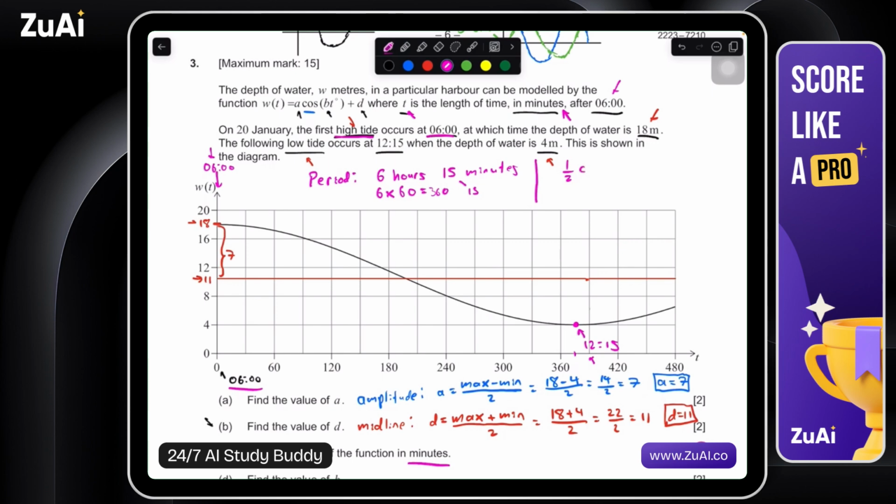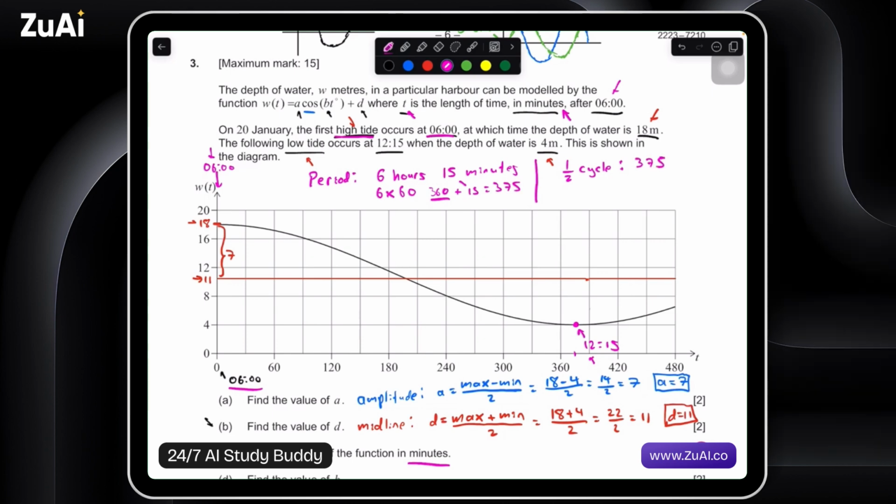We know we go through a half cycle in 360 plus 15, which equals 375. So we go through a half cycle in 375 minutes. Let me just make sure that's all correct. 6 times 60 is 360 plus 15, 375. Okay, so half cycle in 375.